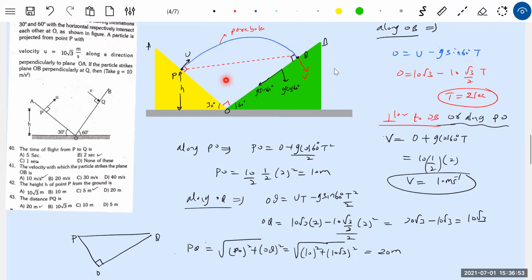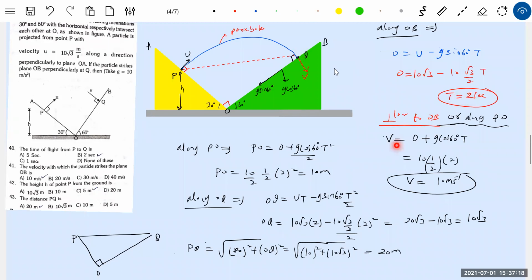To solve this, we will apply the equations of motion along OB. The final velocity strikes normally, so final velocity along OB should be 0. The initial velocity is u along OB. Applying v equal to u plus at, 0 equals u minus g sin 60 into t. Solving, we get the time of flight.